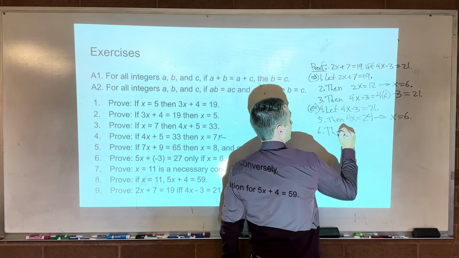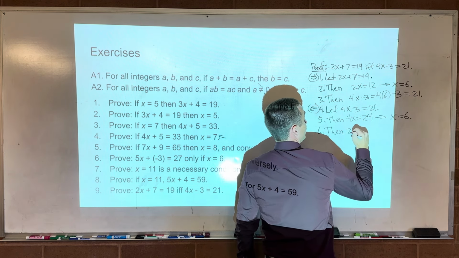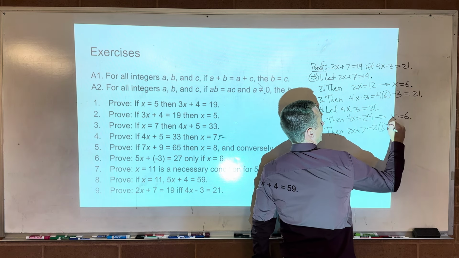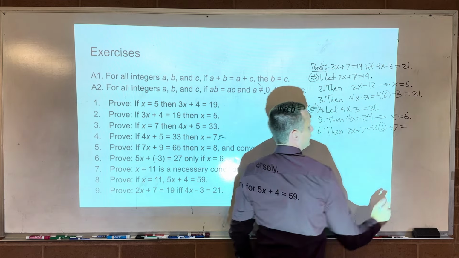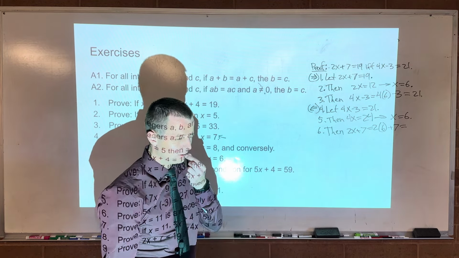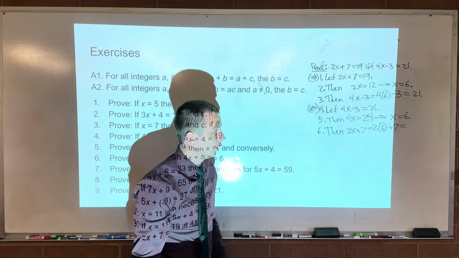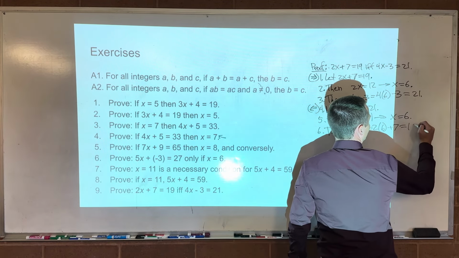Then 2x plus 7 is equal to 2 times 6 plus 7, which is 12 plus 7, which is 19.